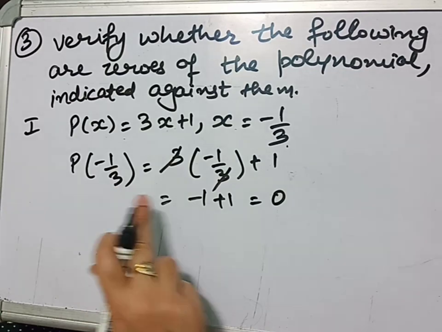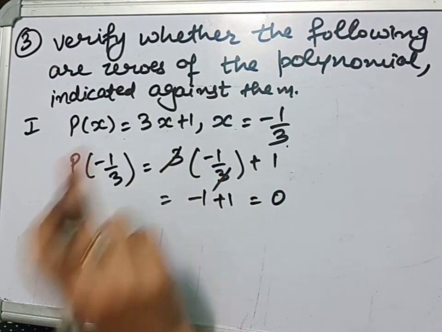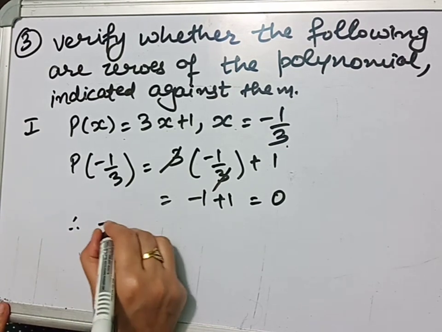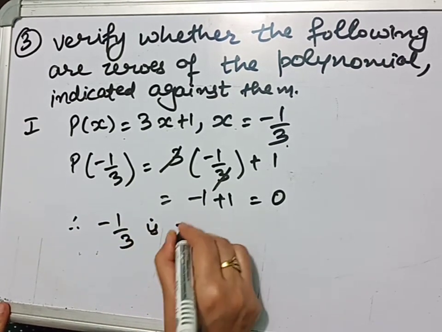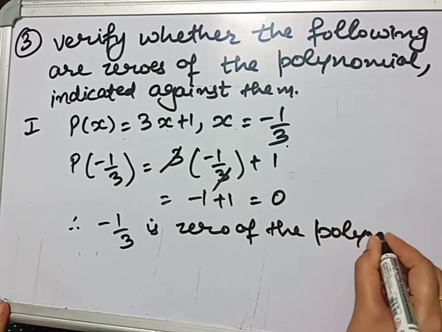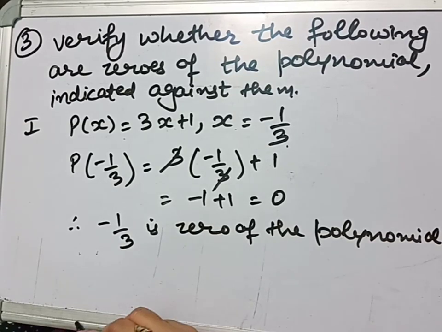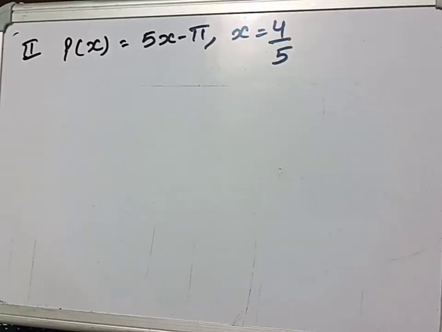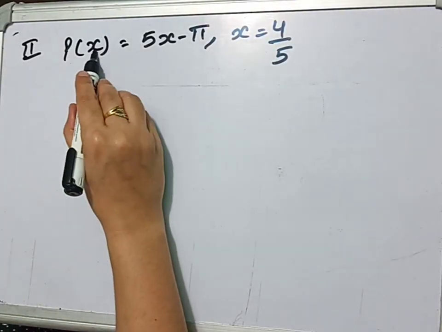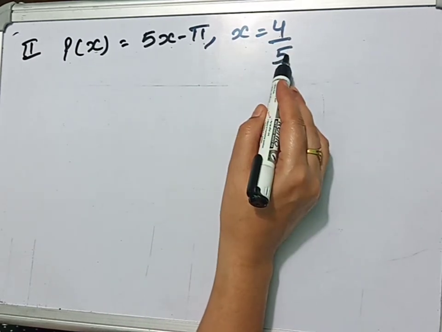When the answer is 0, then given value of x is the 0 of the polynomial. Therefore, minus 1 by 3 is 0 of the polynomial. If it is not 0, then it is not 0 of the polynomial. Second part is p(x) is equal to 5x minus pi and x is equal to 4 by 5.